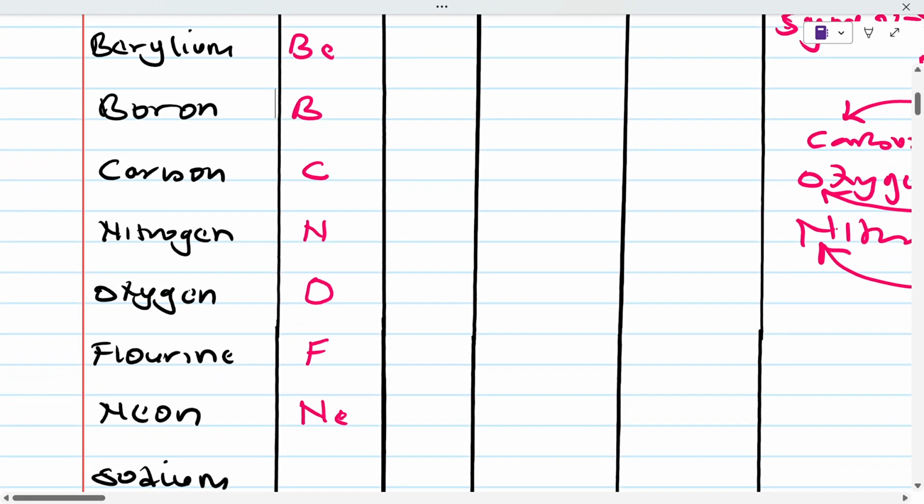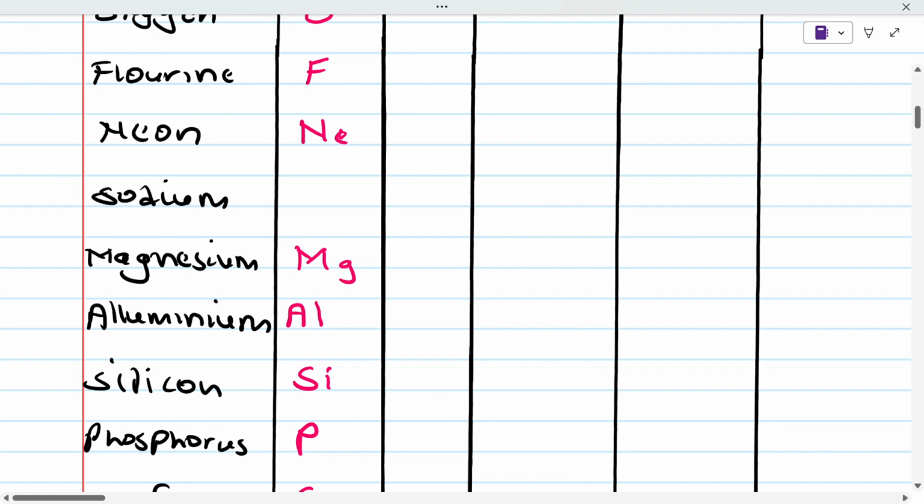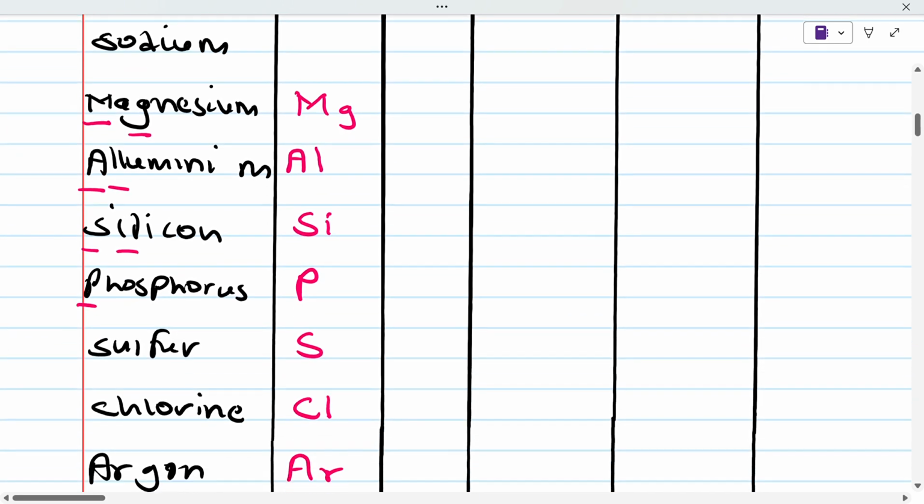Then, if I come back to magnesium, it was Mg, and it was derived from the first letter and the third letter. Aluminium was Al, first letter and second letter. Silicon was first letter and second letter. Phosphorus was first letter.